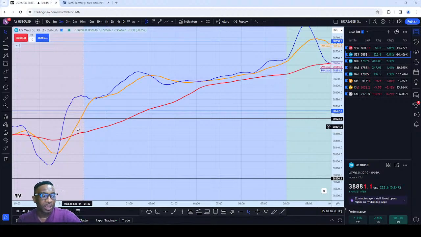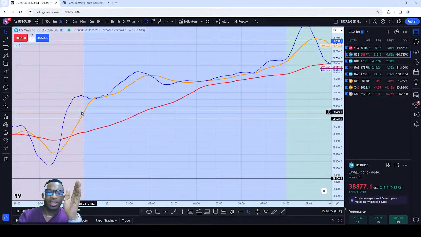So when you talk of the 50 moving average, you're talking of the last 50 candles printed in relation to the 2-minute time frame. That's what will give you either it's pointing up or going down.